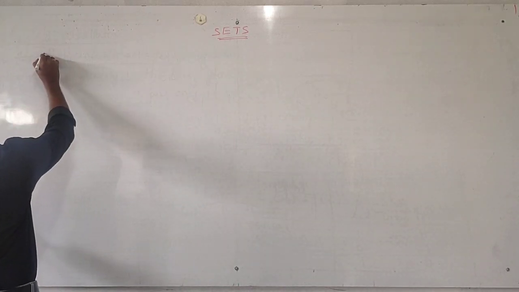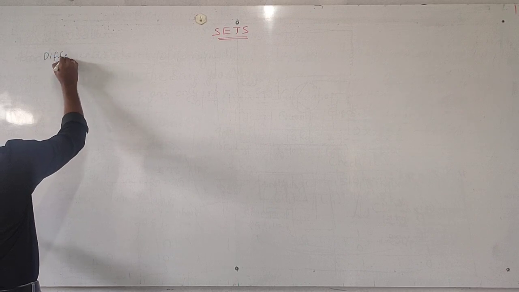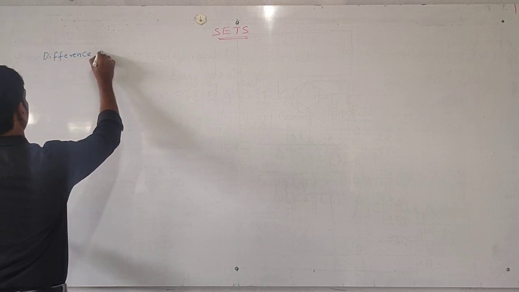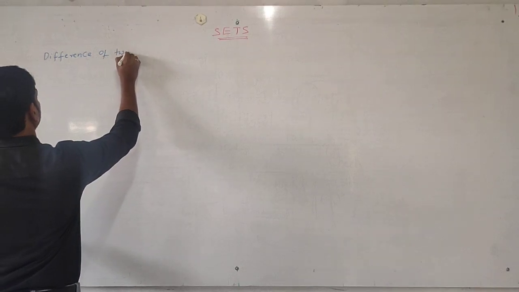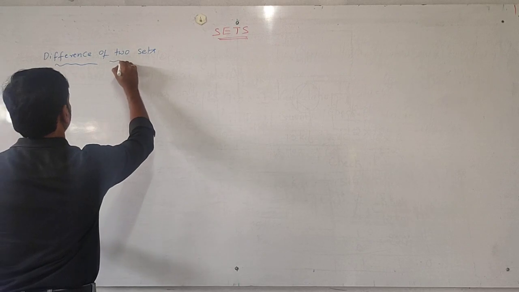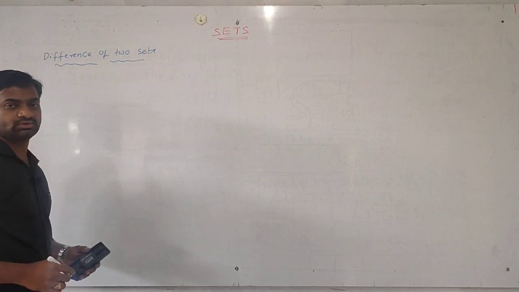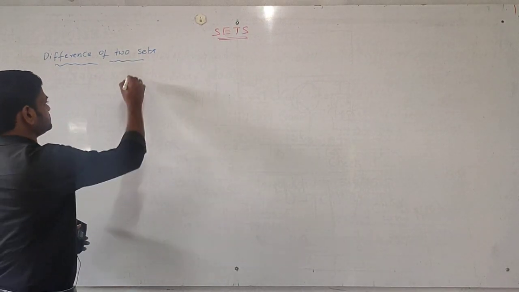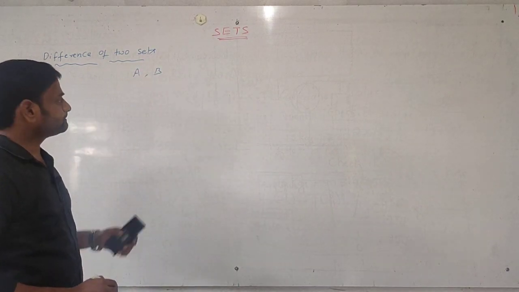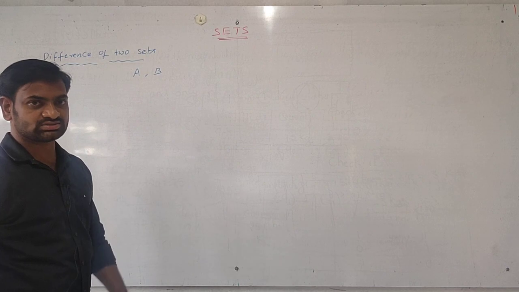Next one is the difference of two sets, or difference of sets. Now see here, I am taking two sets, capital A and B. Capital A and B are two sets.